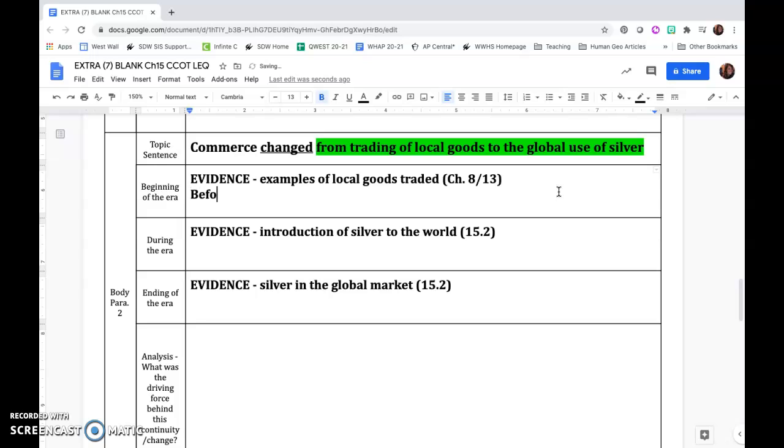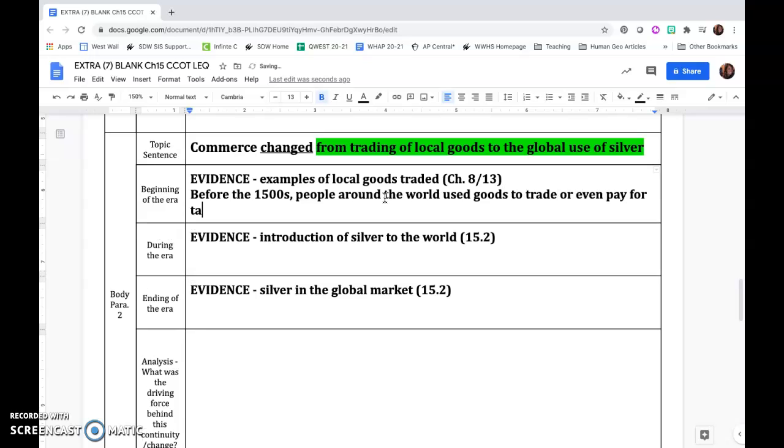So what I'm going to do here is write in sentences. Before the 1500s, noting that this is the beginning of my era, people around the world used goods to trade or even pay for taxes. Marketplaces in the Aztec Empire traded textiles and jewelry.